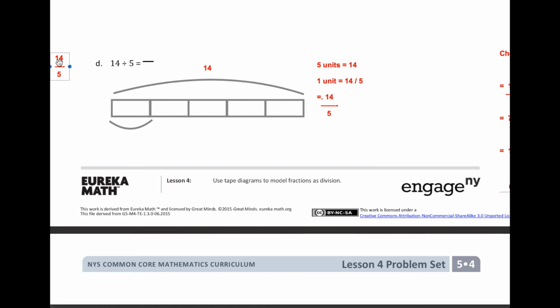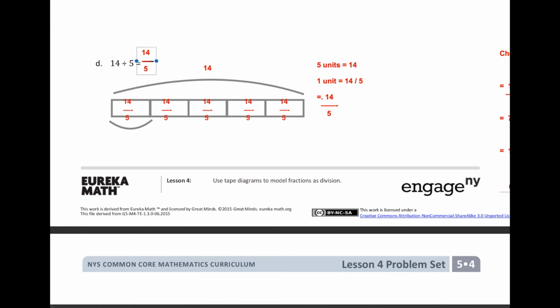Okay, and again, each unit is equal to 14 fifths. Okay, 14 fifths. So in fraction form, our answer is 14 fifths.